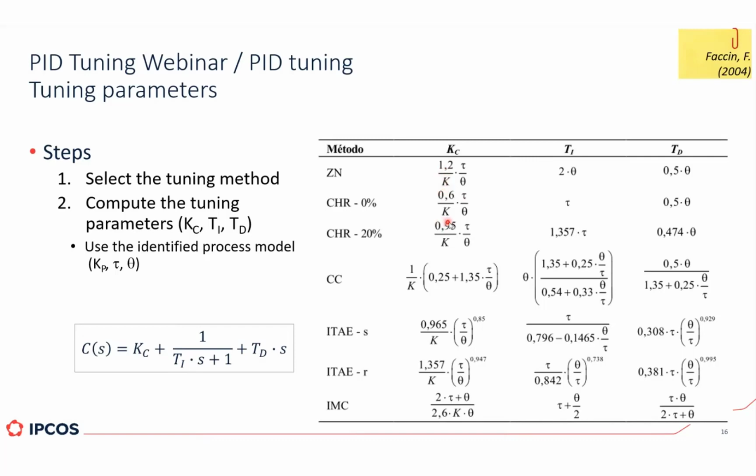We see different parameters, but they are always using the inverse of the plant gain, multiplied here by the desired closed loop response, let's say. This is for the gain, and tau I and tau D will normally be a function of the time constant and dead time of the process.